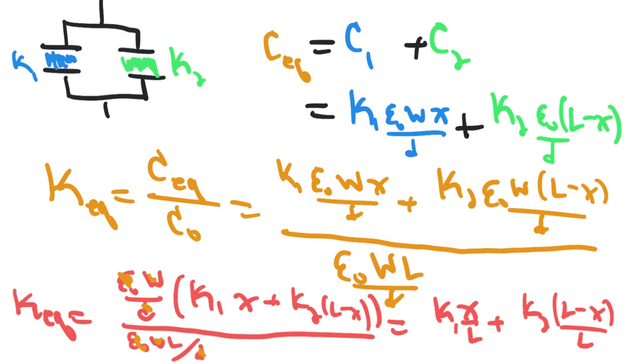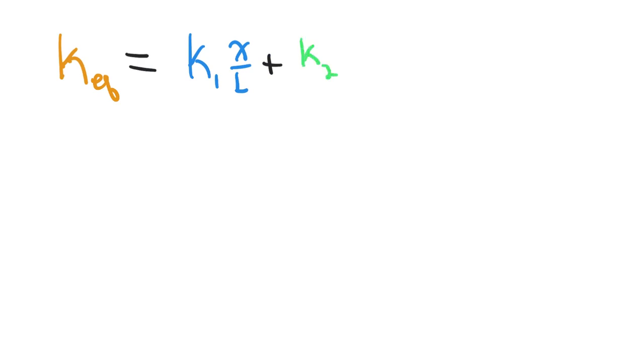So we can write the equivalent dielectric constant as the first dielectric times the fraction of the length that it occupies, plus the second dielectric constant times L minus x over L, which, if you look at it, really is a weighted average of the dielectric constants, and the weights are the fraction of the length that they occupy.